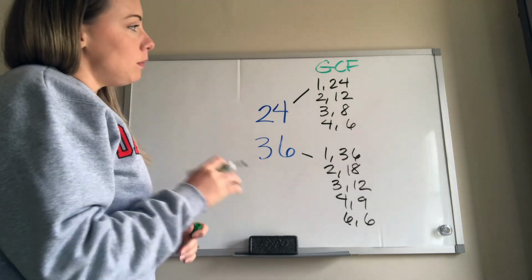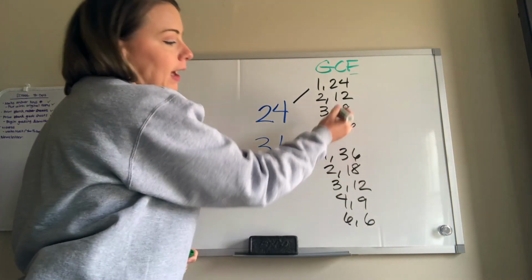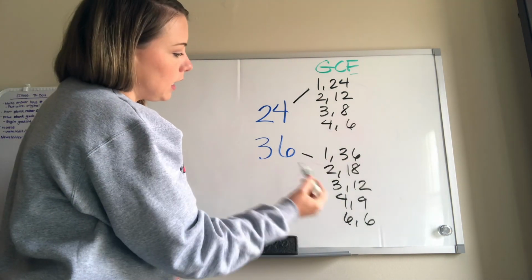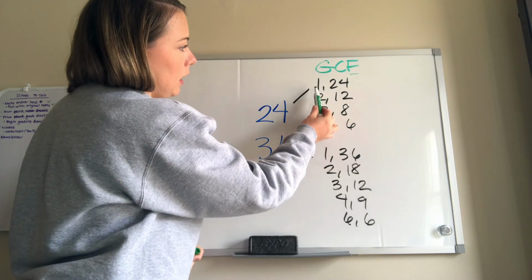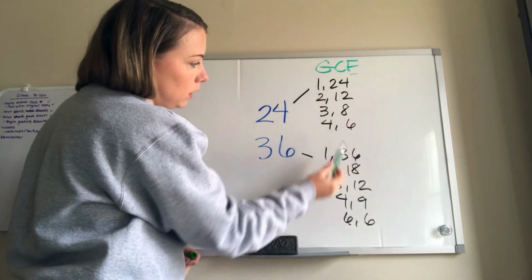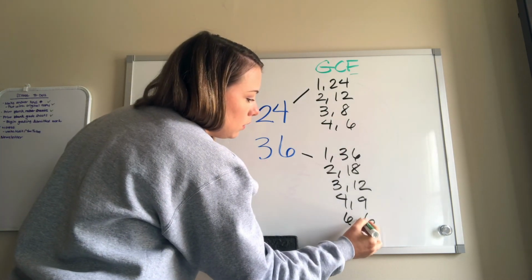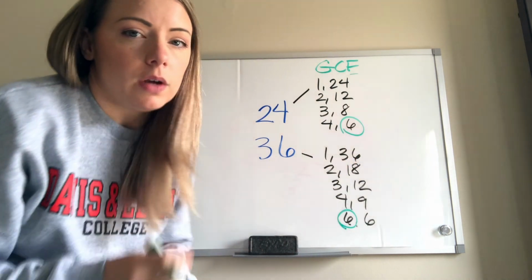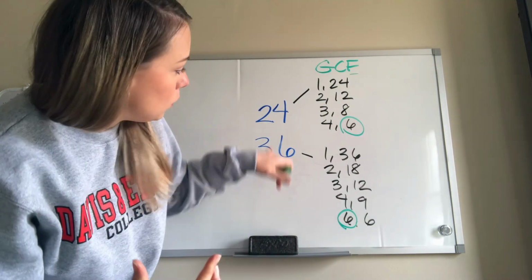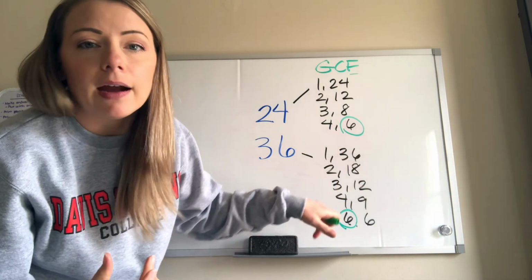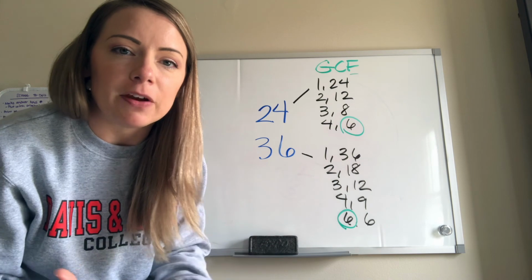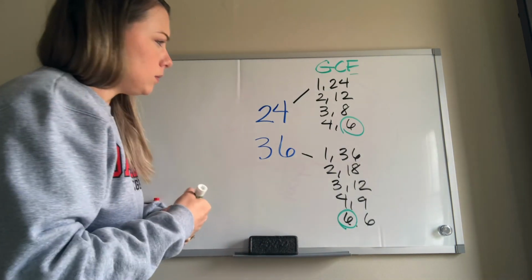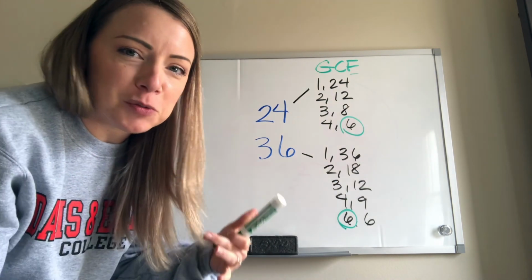What I'm looking for is not just a factor that they have in common, but the largest number. As I look, I can see that 6 and 6 are the greatest numbers from both the 24 and 36 sets of factors that can divide both of them. Therefore, the GCF of 24 and 36 would be 6.